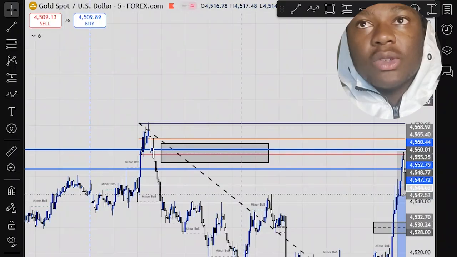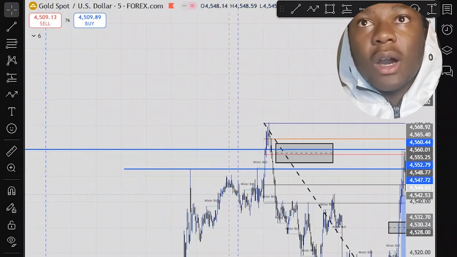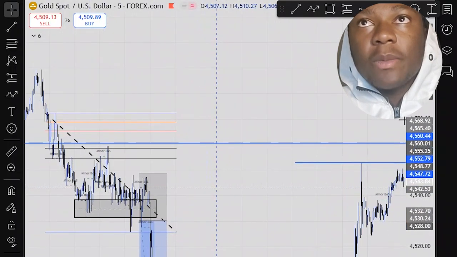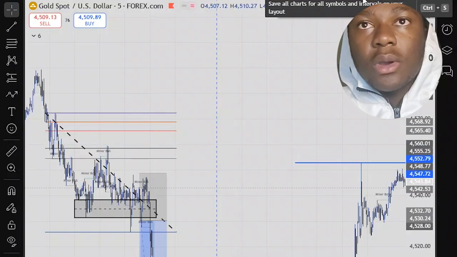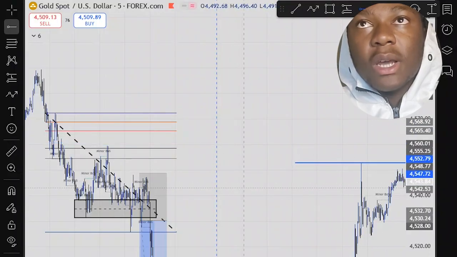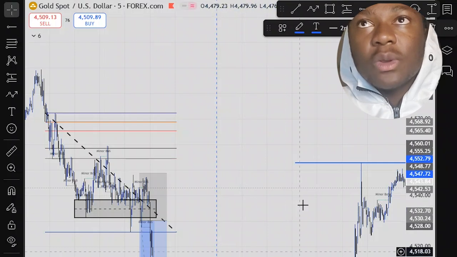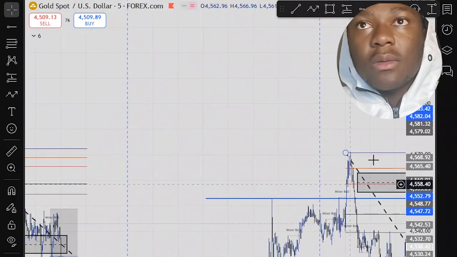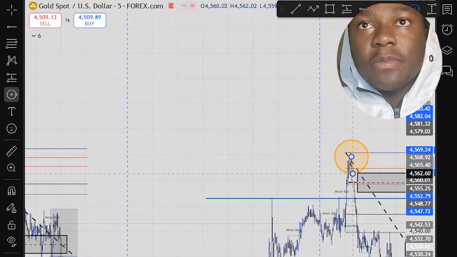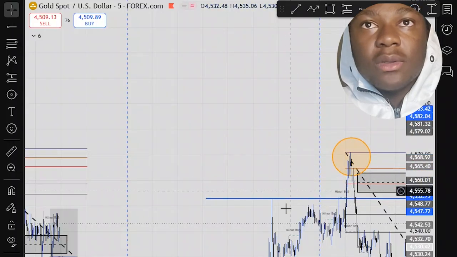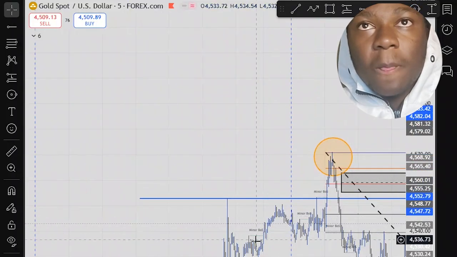So as you can see, we have our previous day high and our previous day low, right? And then you see what happens. You get the sweep of the previous day high. After we sweep it, break structure.